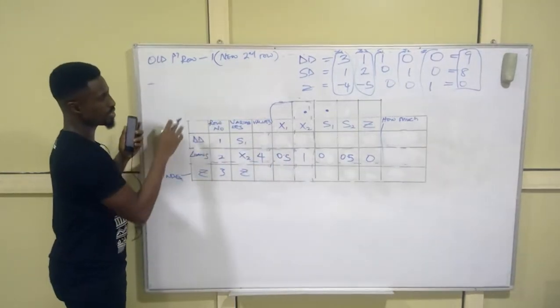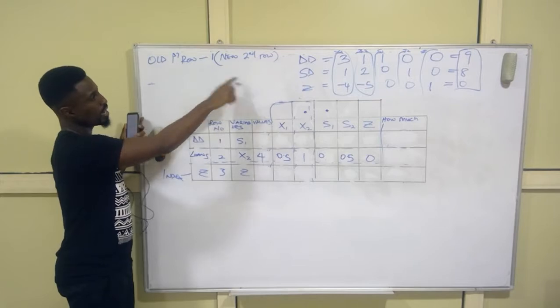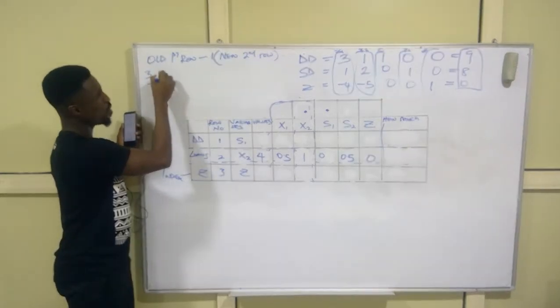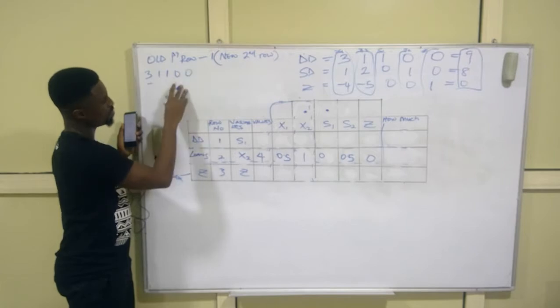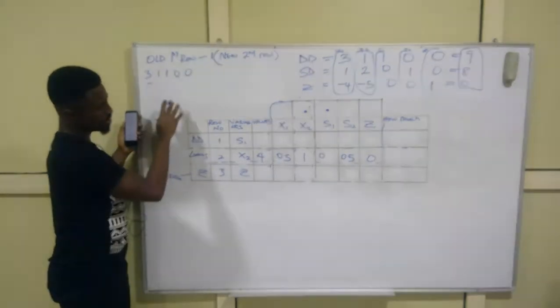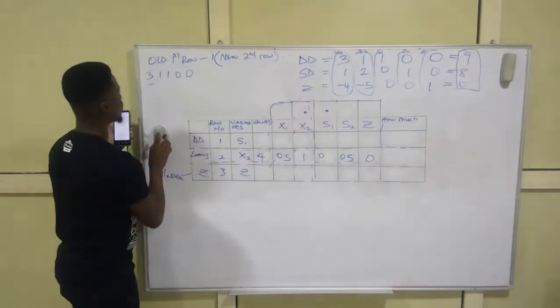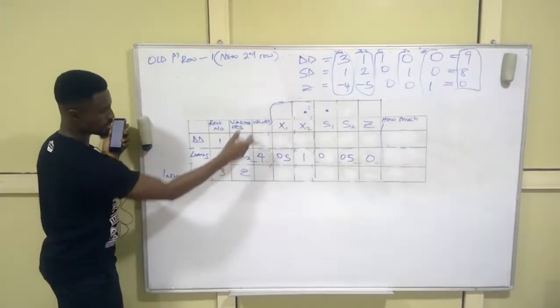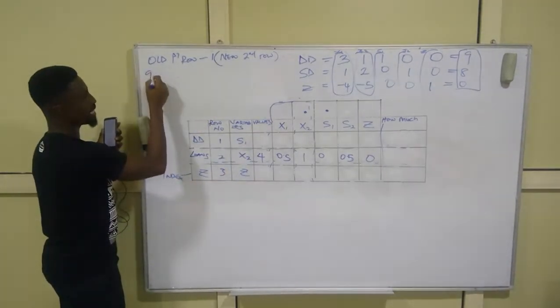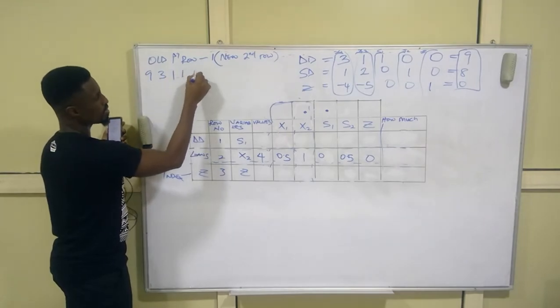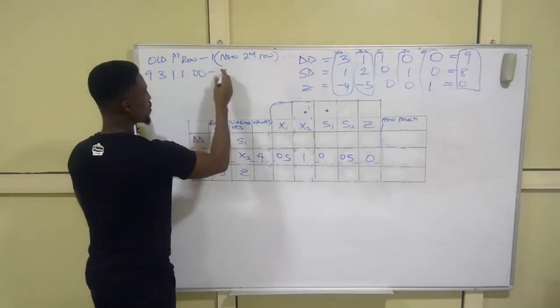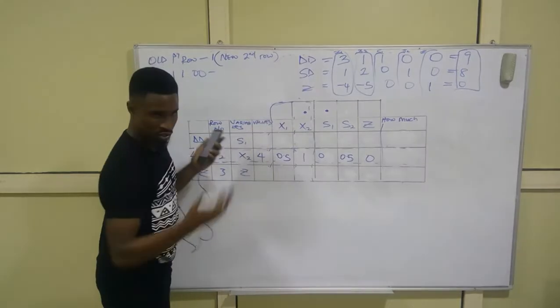So what we have is the old first row. What are the figures that are there? From there we have 3, 1, 1, 0, 0, right? And 9. So let's start with 9 so that it doesn't get confusing, because 9 will be the first one here. So we have 9, 3, 1, 1, 0, 0, minus 1 multiplied by all of that will still be the same thing.